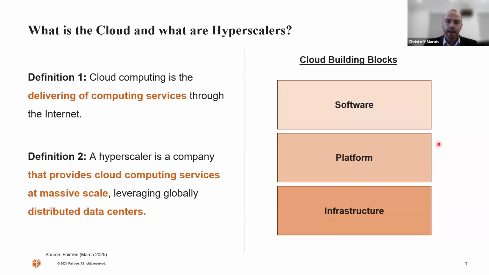Then moving up the stack, platform as a service is a cloud service that provides developers with tools and environments to build, run, and manage applications without worrying about the underlying infrastructure. And then lastly, software as a service, probably the one that we're most familiar with, is a cloud service that delivers ready-to-use software over the internet.